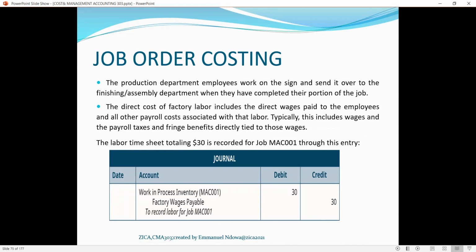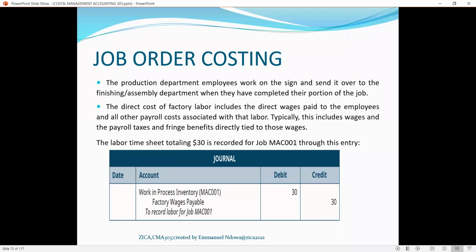That is the account that is giving the amount, the labor, which is 30, and that direct labor that is being utilized to come up with that billboard pertaining to job number MAC C001, you then need to debit it to the work in process inventory.